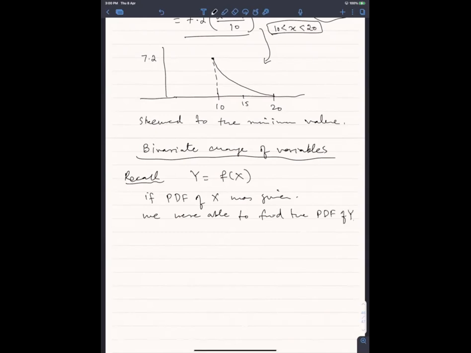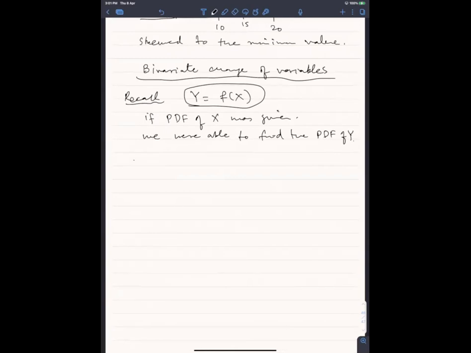कैसे? उसके मुख्तलिफ मेथड हमने देखे थे कि या पहले CDF फाइंड कर लें y का और फिर उसके बाद डिफरेंशिएट कर लें तो PDF आ जाएगा, या हमने एक उसका स्टैंडर्ड प्रोसीजर भी देख लिया था कि fy of y, चैप्टर 5 के एंड पे था ये, is equal to summation i is equal to 1 to capital K fx of xi into dx over dy for each x is equal to xi। xi क्या चीज है?